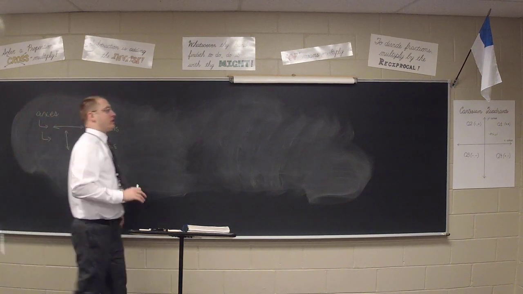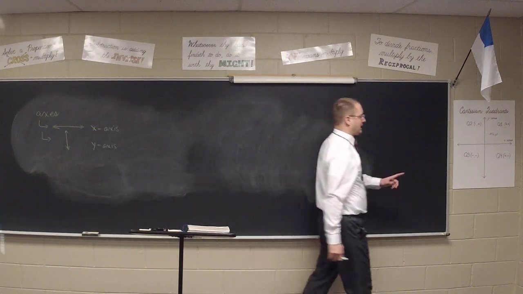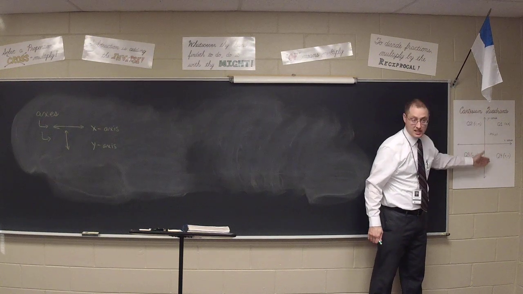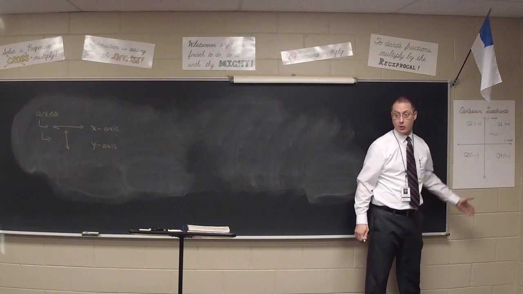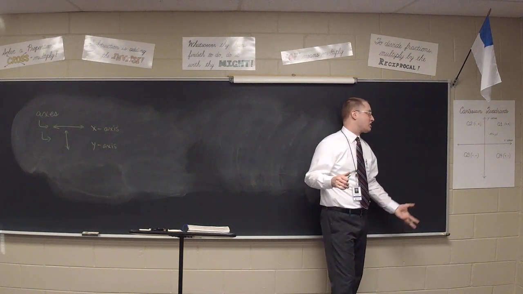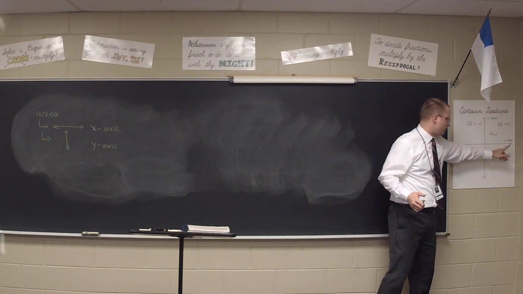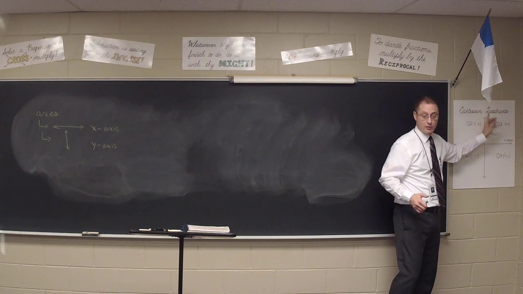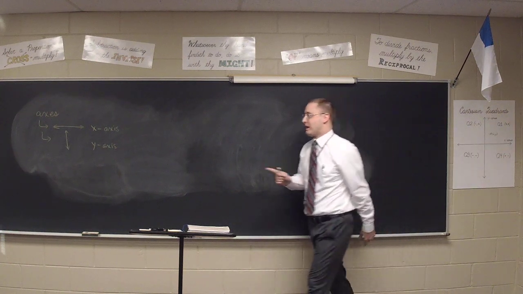You'll notice on this little graph grid thing here that there are arrowheads at the ends of the axes. That's because they keep going and going and going. You can't draw it infinitely. The idea of the arrow is just to indicate it just would keep on going. You also notice here that I've labeled this as the x-axis, this is the y-axis. Now normally, you wouldn't have to label quite that much.